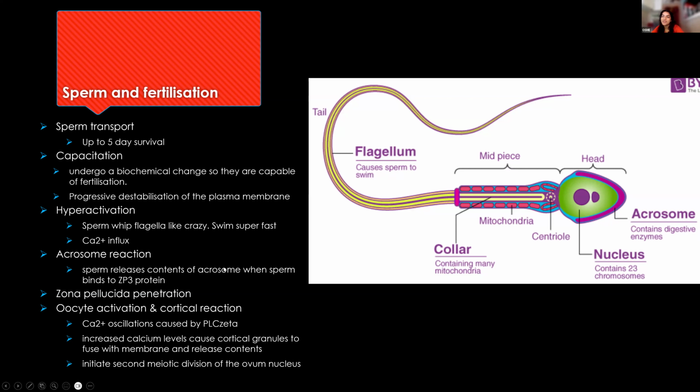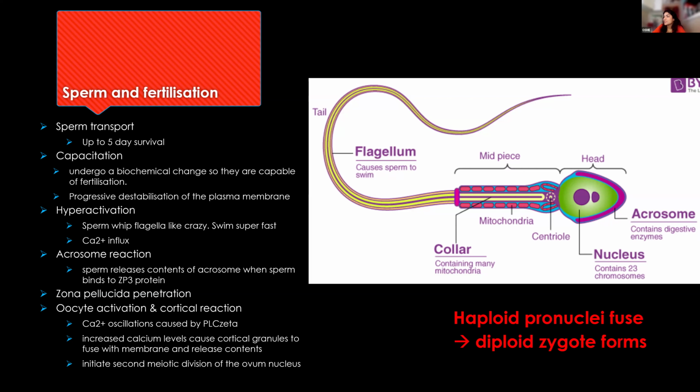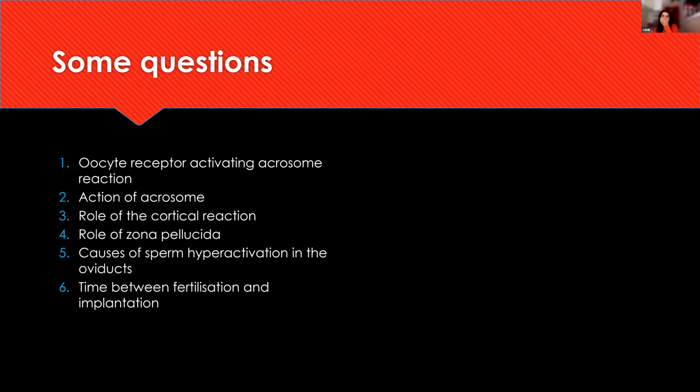If you do the reproduction module next year, you'll hear all about PLC zeta. Then the two haploid pronuclei fuse, and this causes a diploid zygote.